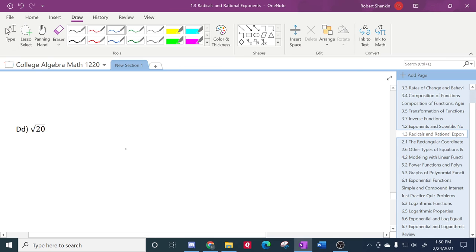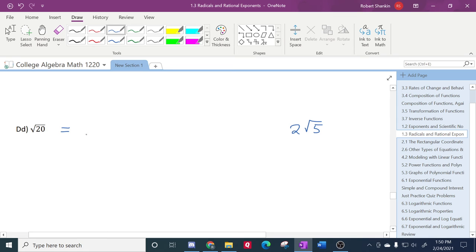Okay, group 1. Could you tell me how you did this as well as the answer you got? This is Valerie. We did 2 times the square root of 5. You got 2 times the square root of 5? Okay. And how might I get there from square root of 20?